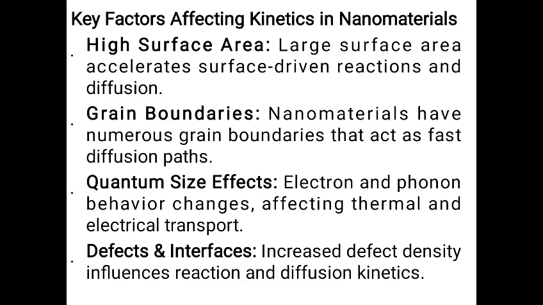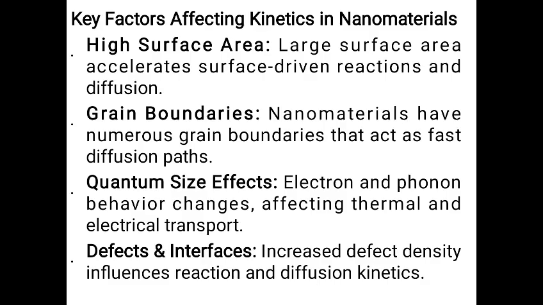Key factors affecting the kinetics in nanomaterials. They are high surface area, grain boundaries, quantum size effects, defects, and interfaces. High surface area: the larger the surface area, it accelerates the surface-driven reactions and diffusions in the material.